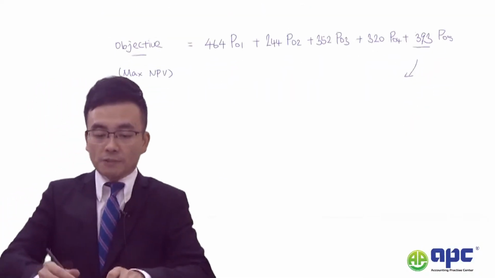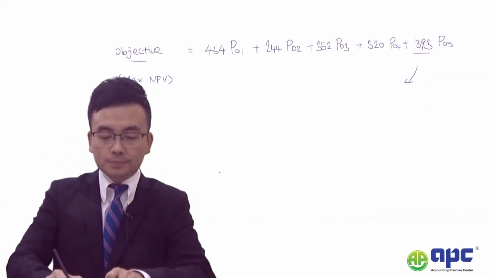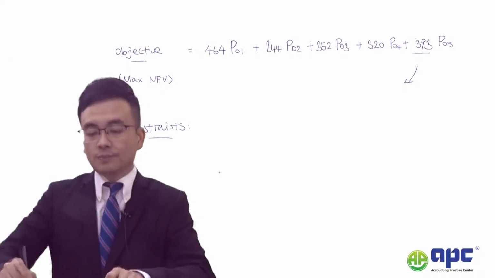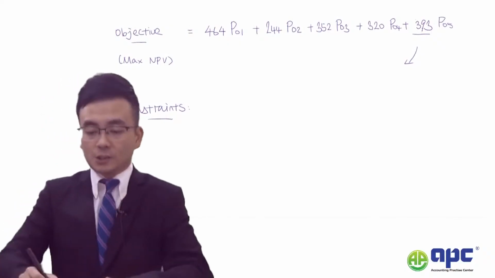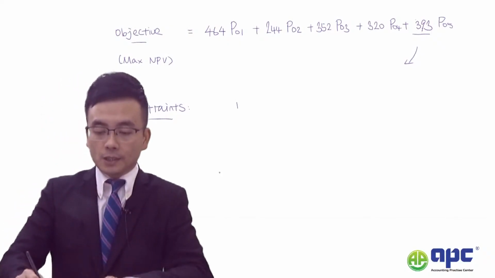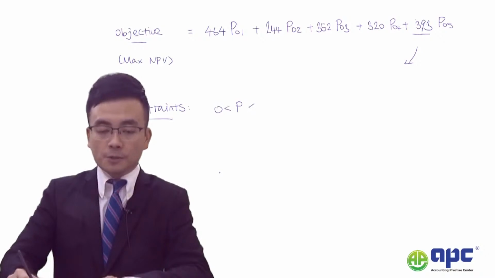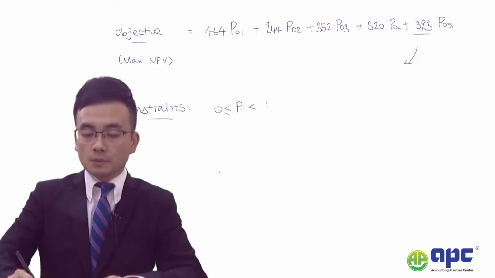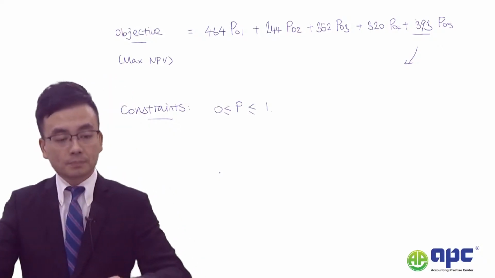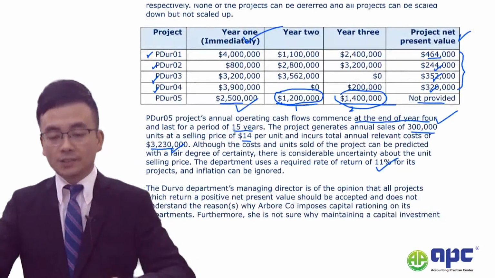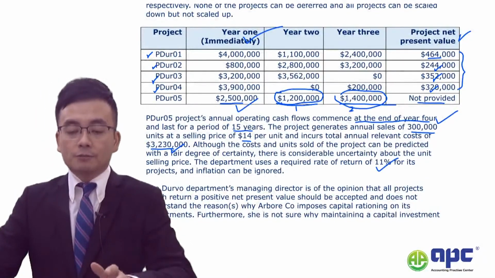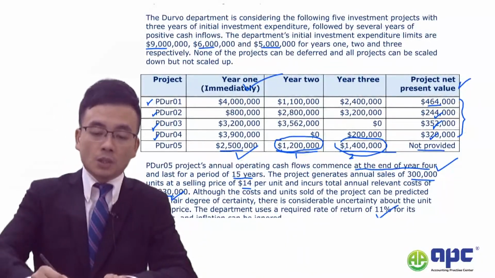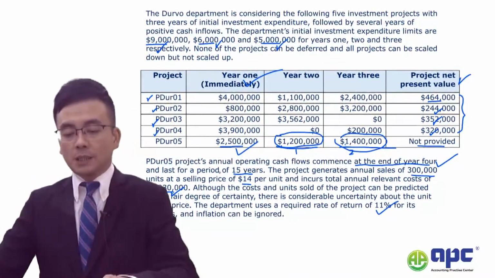Now also that we've got a constraint. Because the project is divisible, the variable for each project must be greater than 0 and less than or equal to 1. So as you can see, for each of the projects in turn, for each year, they will be limited to 9, 6, and 5 million.